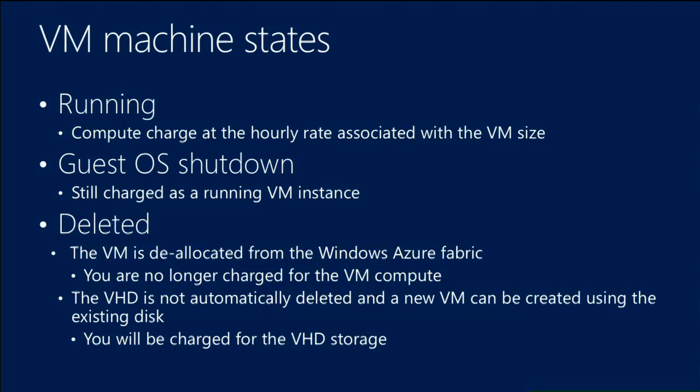When you delete, the VM is deallocated from the Windows Azure fabric. So the IPs it's been given, the network cards, are deallocated from the VM. The VM has gone completely. But the VHD can still be sitting in Azure storage, and you will still be charged for storage for that VHD.